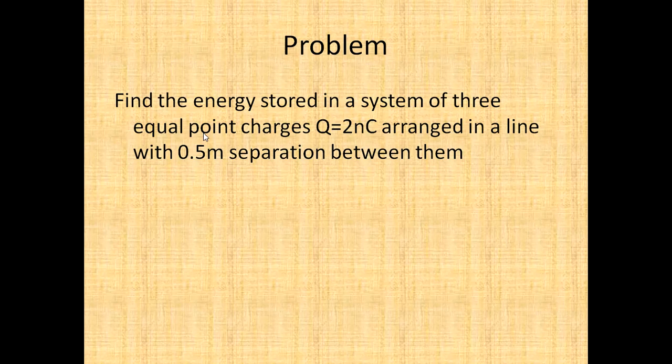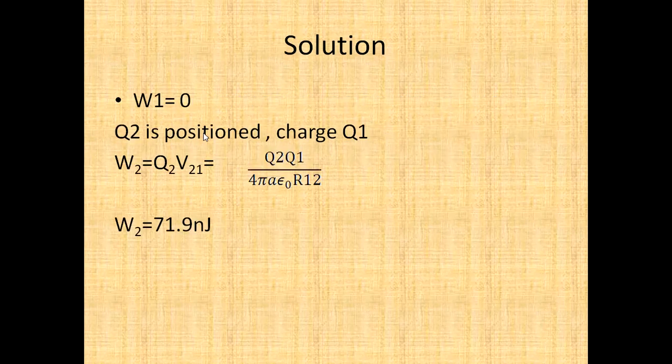Now, just like in the previous lecture where we discussed the energy stored in a system, here we take three charges and find the energy stored in the system. The basic equation for the energy stored is Q2 into V21, the potential when transferring from one point to another.